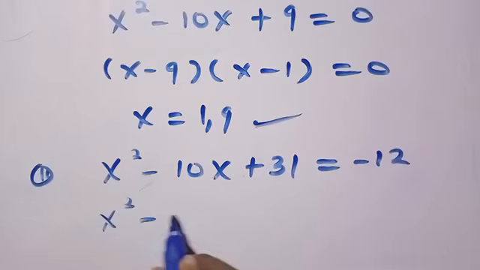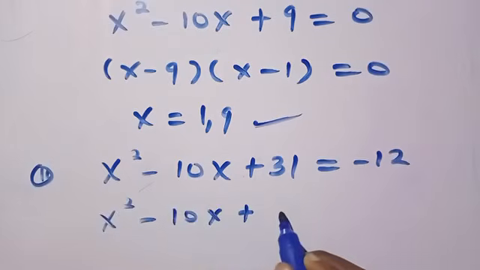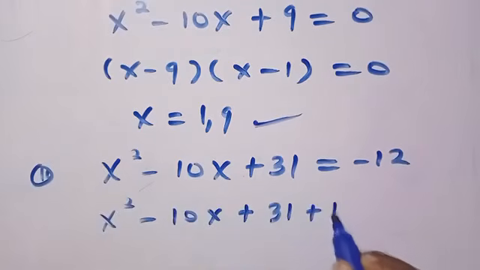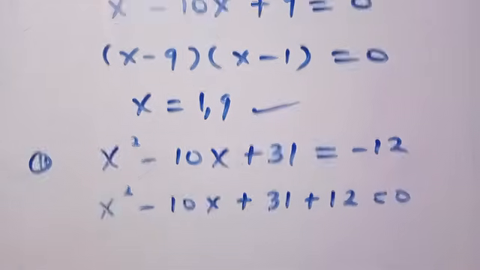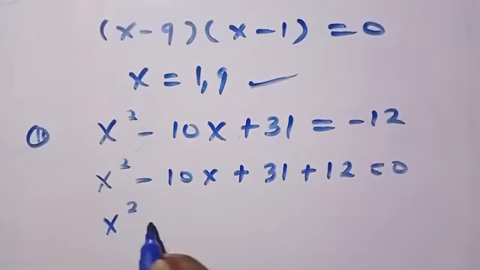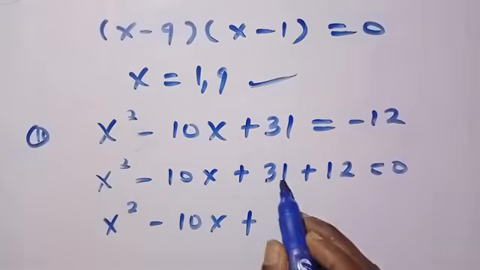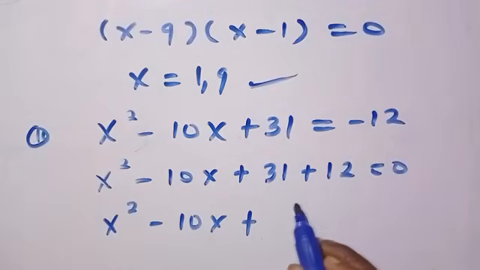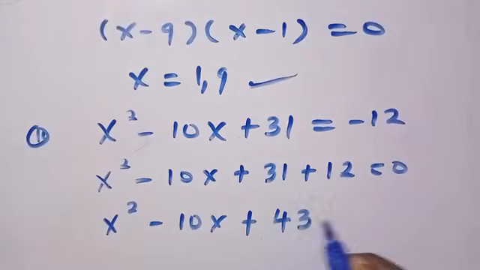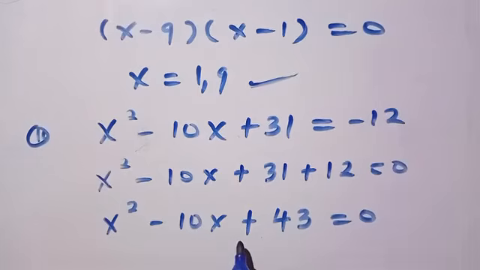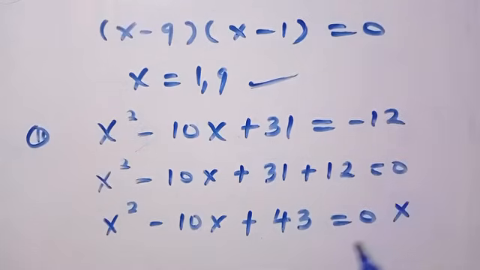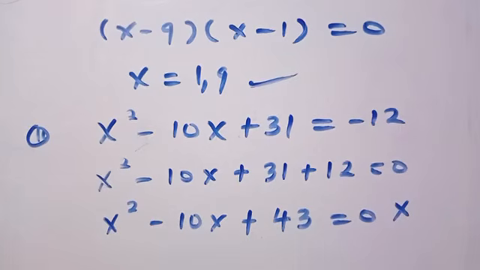Here becomes x squared minus 10x plus 31 plus 12 equals 0. x squared minus 10x plus 31 plus 12 gives us 43 equals 0. But this gives us complex solutions, so I don't need the complex values here. x is defined on real numbers. So let's neglect this and see the second method of solving this problem.